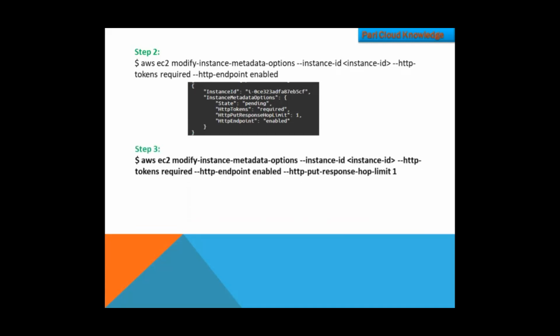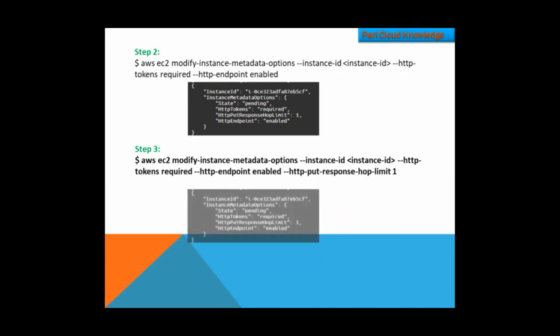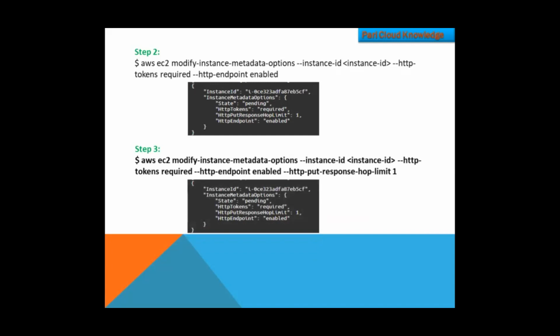In step 3, execute the same command as above, but we just need to add --http-put-response-hop-limit 1. Now see the screenshot. You will get the same output in step 2 and step 3.